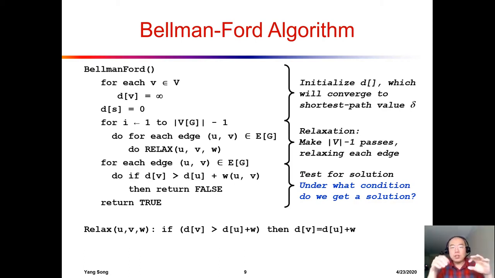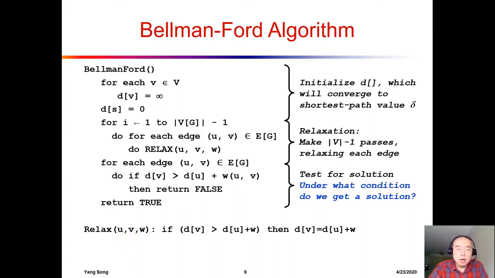If we can still lower the cost, this means a negative cycle exists, and we return false, saying that finding the shortest path in this graph is not doable because there is a negative cycle. Otherwise, we return true. And this relax is the relax function call.